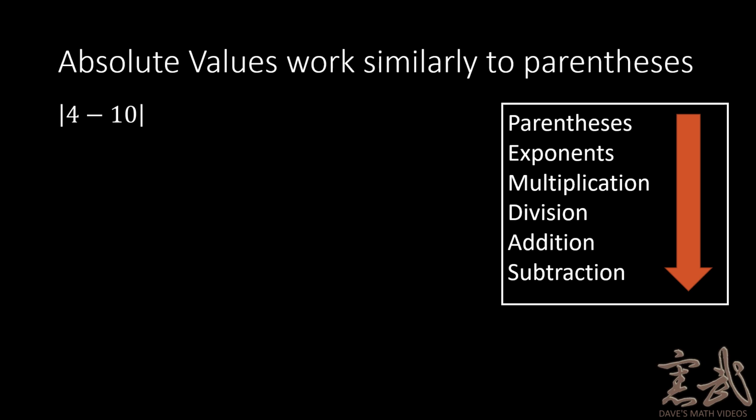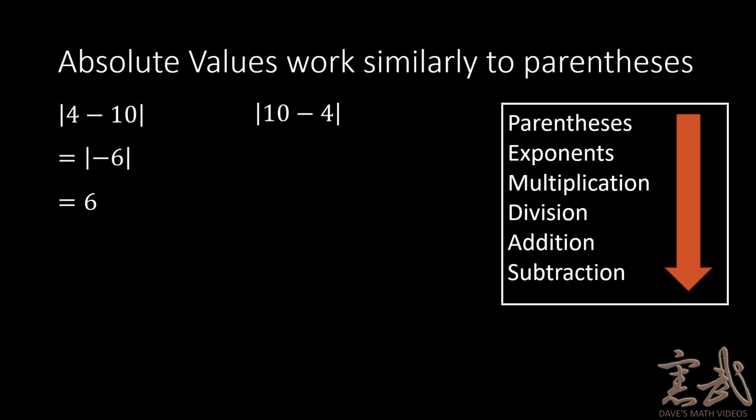Let's take a look at this example. The absolute value of the quantity 4 minus 10. If I simplify what's inside the absolute value sign, I will get the absolute value of negative 6. And because negative 6 is negative, to find the absolute value, I must remove the negative sign and get positive 6.